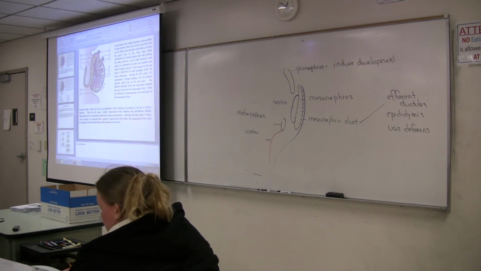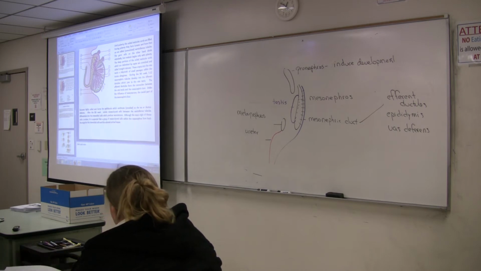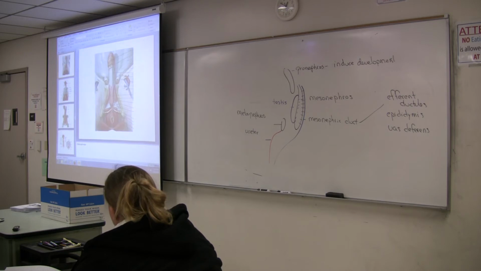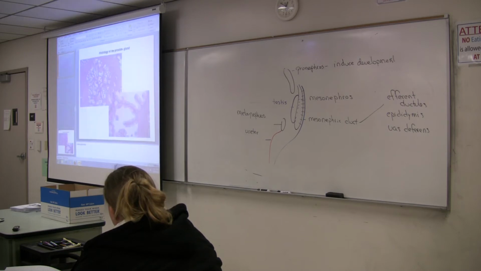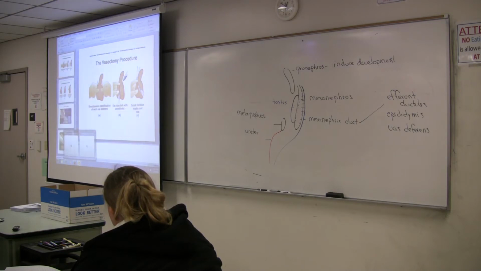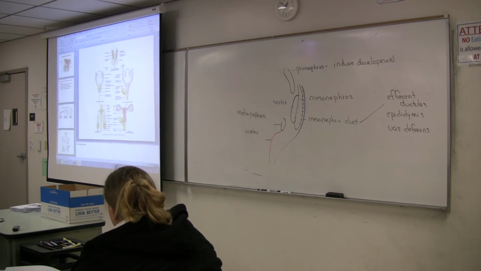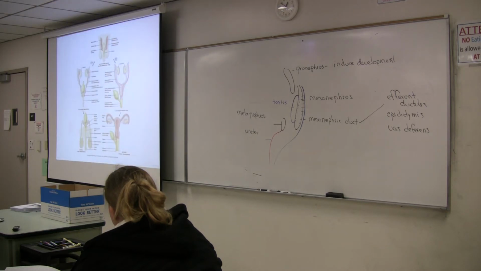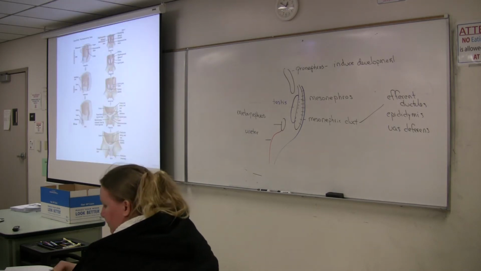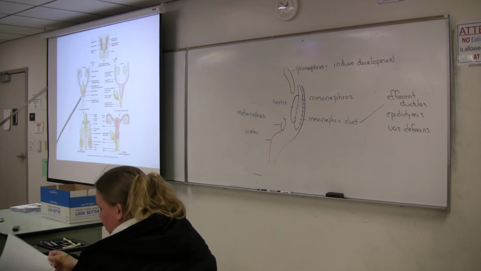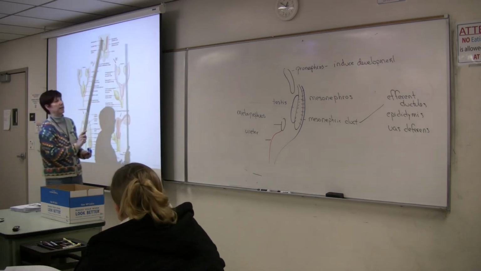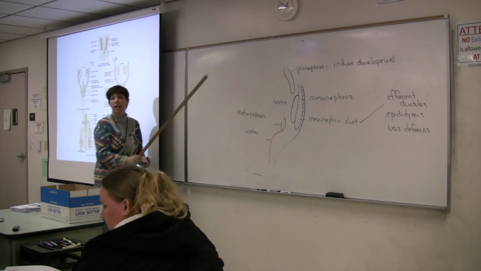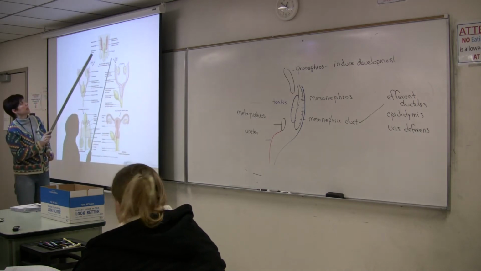So now let's look at your lecture notes. And so this diagram up here, this little small picture, is kind of what I drew down here, but doesn't show the pronephros.